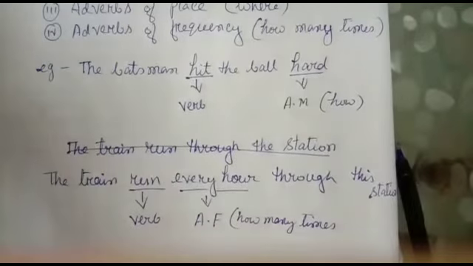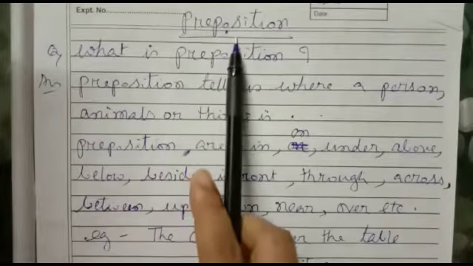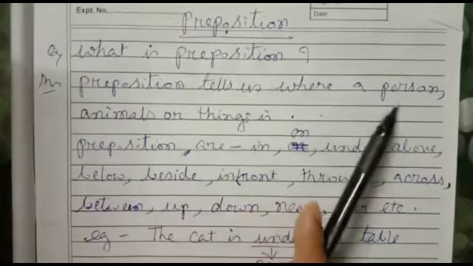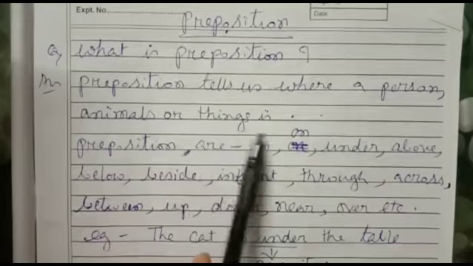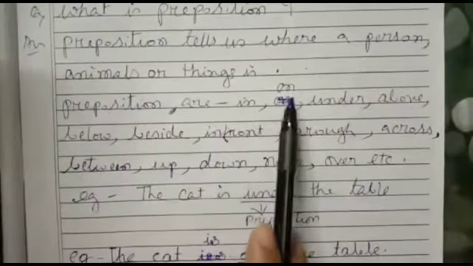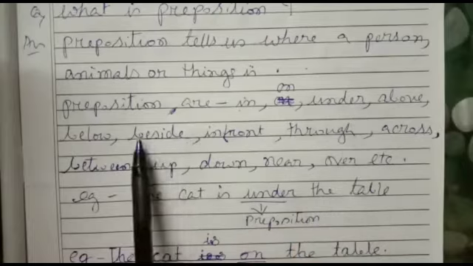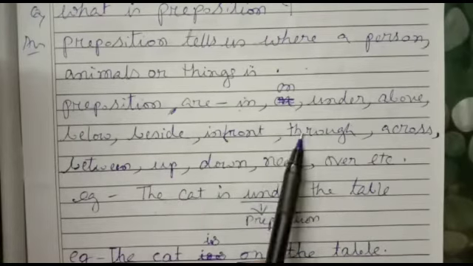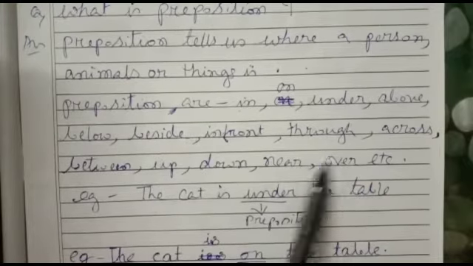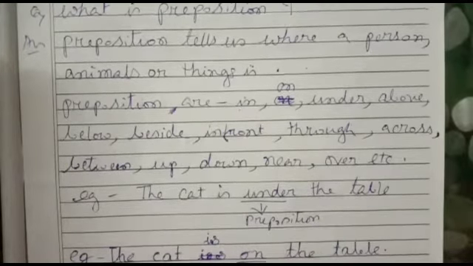Okay. You see, preposition. Preposition tells us where a person, animals or things is. Okay. Preposition are in, on, under, above, below, beside, in front, through, across, between, up, down, near, over, etc. These are what? Preposition.